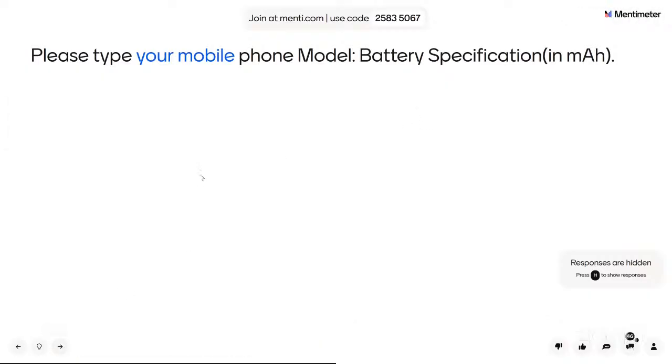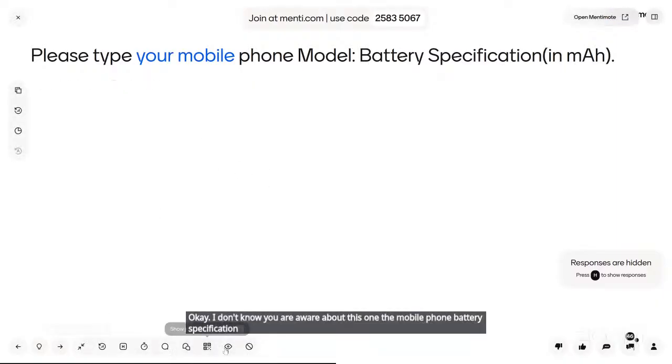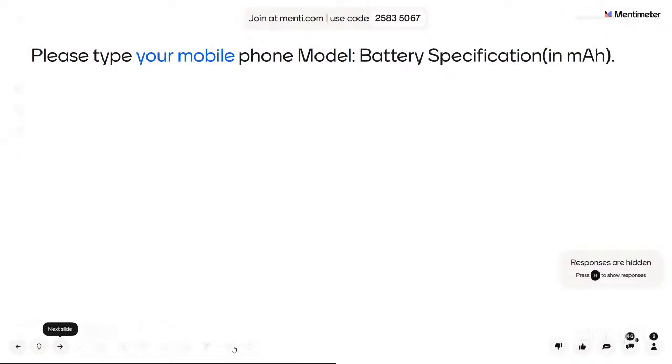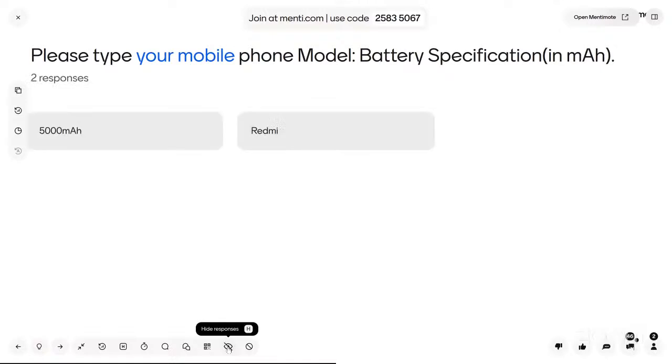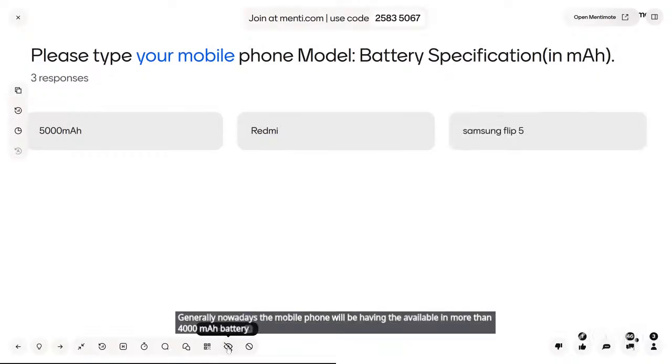I don't know if you are aware of the mobile phone battery specification or not. Generally, nowadays mobile phones are available with batteries of more than 4,000 mAh: 4,000, 5,000, 5,100, 5,200.